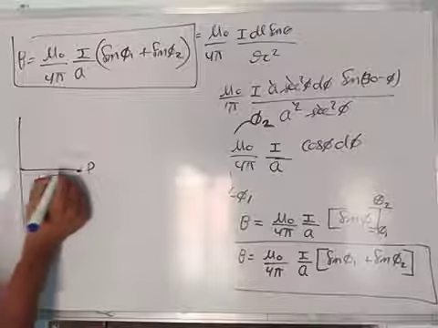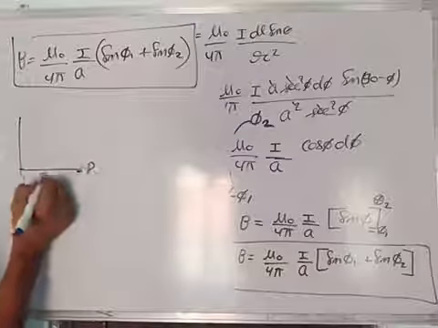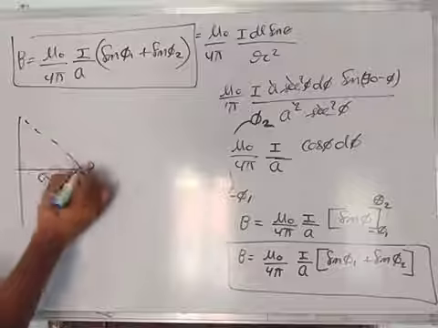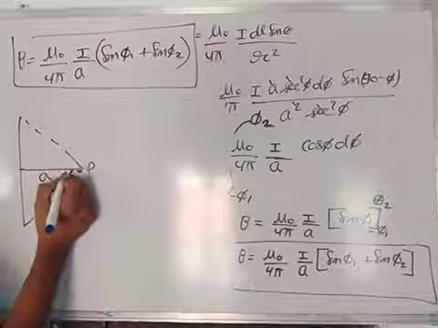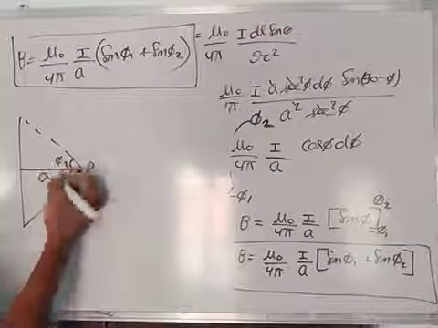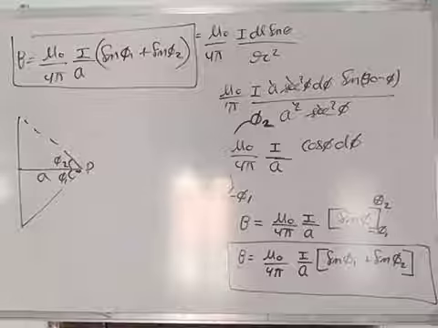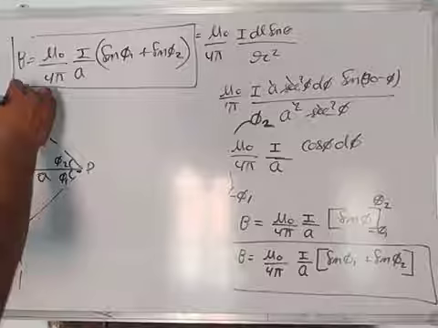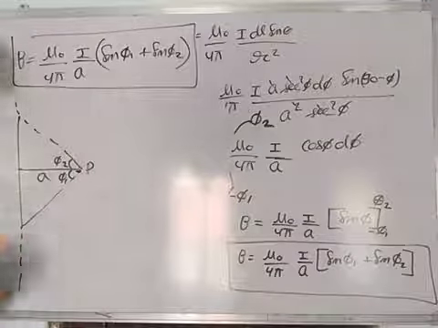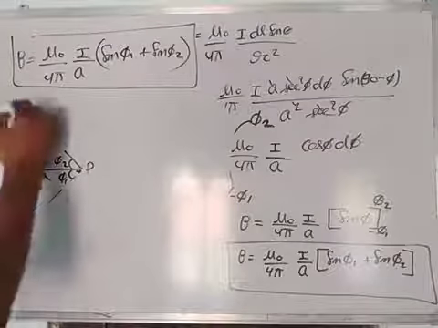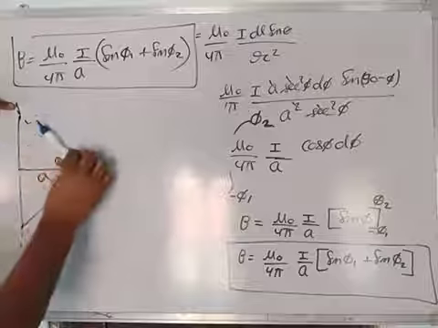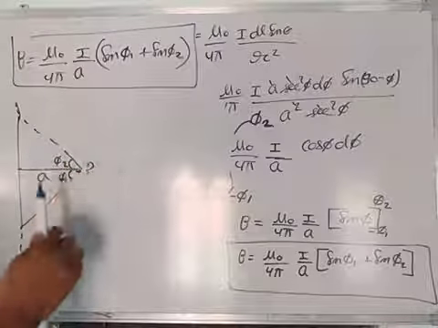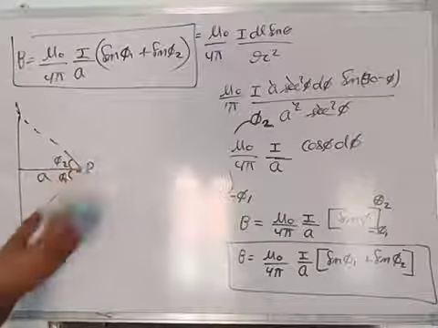This result is applicable for a conductor whose distance from point P is a, and whose both ends subtend angles φ₁ and φ₂. Suppose the length of this conductor is infinite. As the length of the conductor increases, φ₂ will increase and φ₁ will also increase.